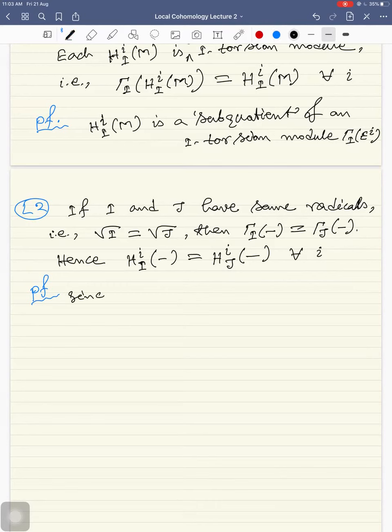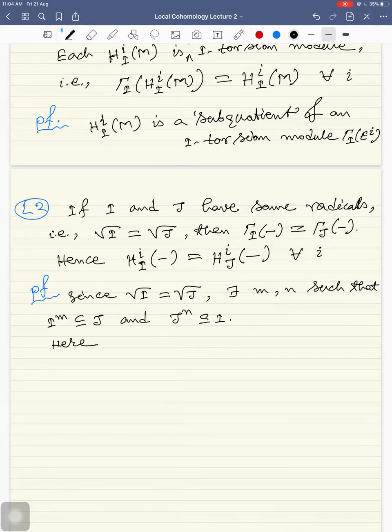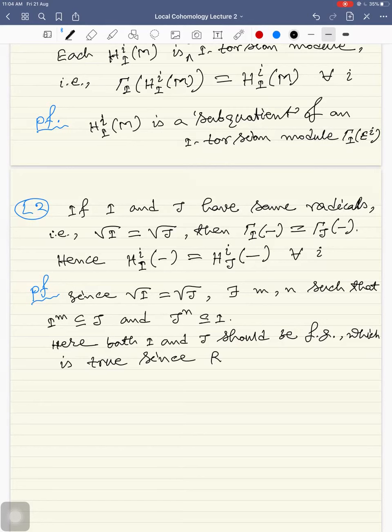Since the radical of I is the same as the radical of J, there exist two integers m and n such that I^m is contained in J, and J^n is contained in I. Here both I and J should be finitely generated, which is true since we have the assumption that R is Noetherian.